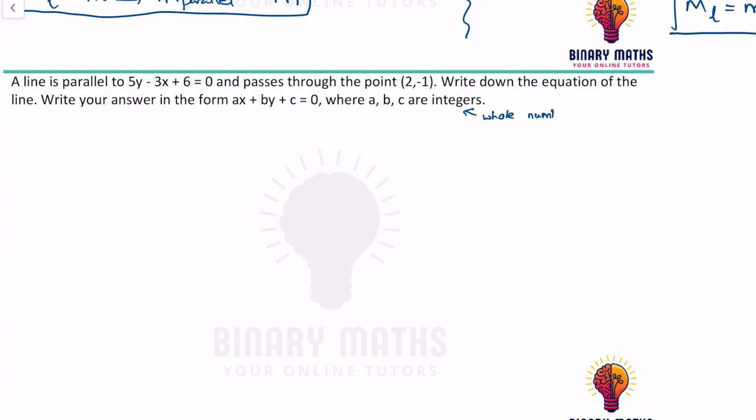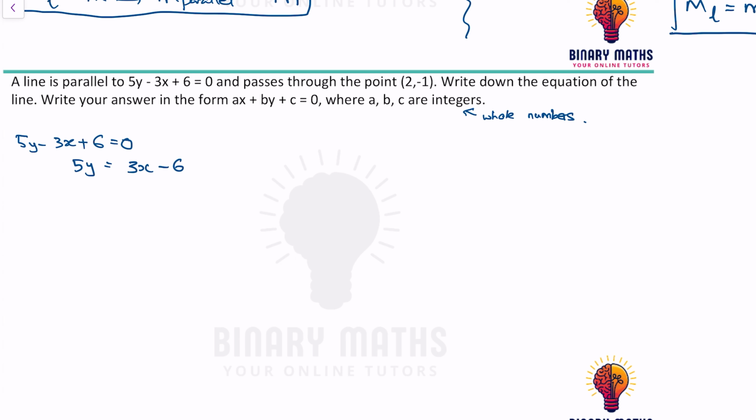Okay, so the first thing I need to do is I've got this equation of the line, which is 5y minus 3x plus 6 equals 0. I need to write this in the form y equals mx plus c. So if I leave 5y on the left-hand side, then negative 3x becomes positive 3x on the other side, and the positive 6 becomes negative 6.